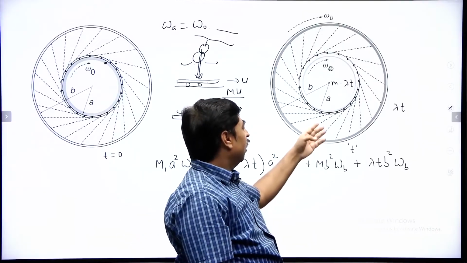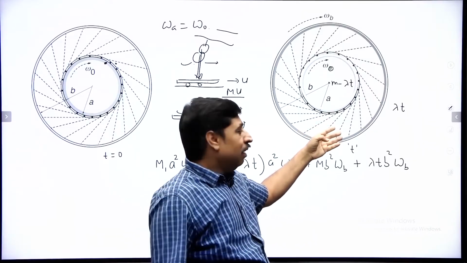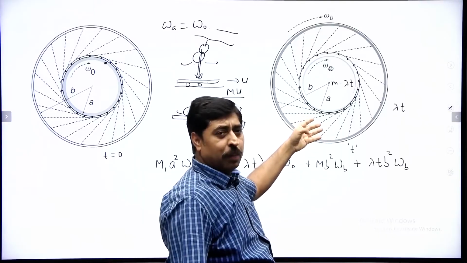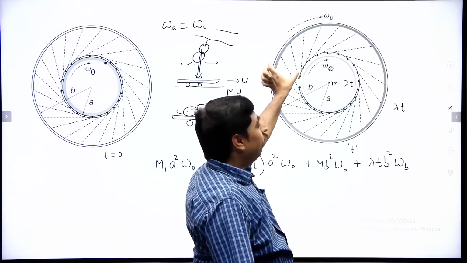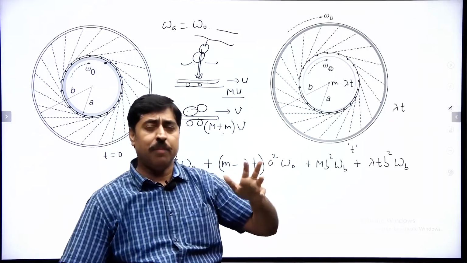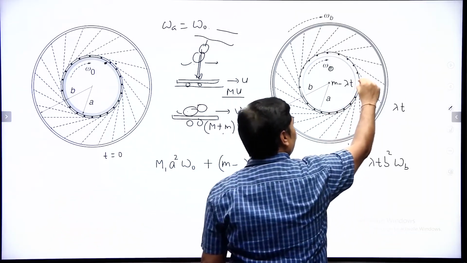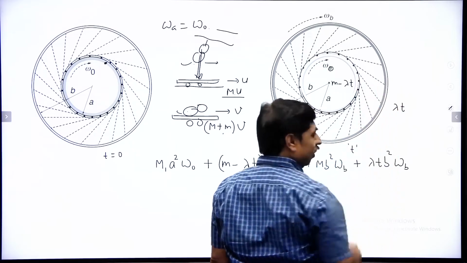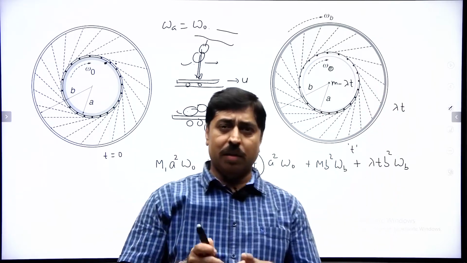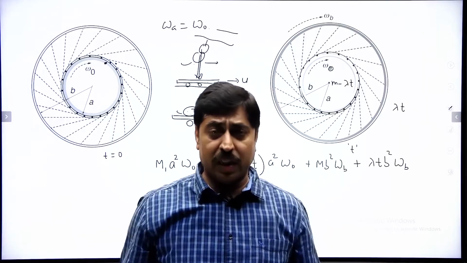You may please note that we may imagine there are actually no sand particles at any instant between these two cylinders, because the question says to neglect the transit time of the sand. That means sand moves out from here and immediately lands on this wall. That is what the question is asking us to assume.